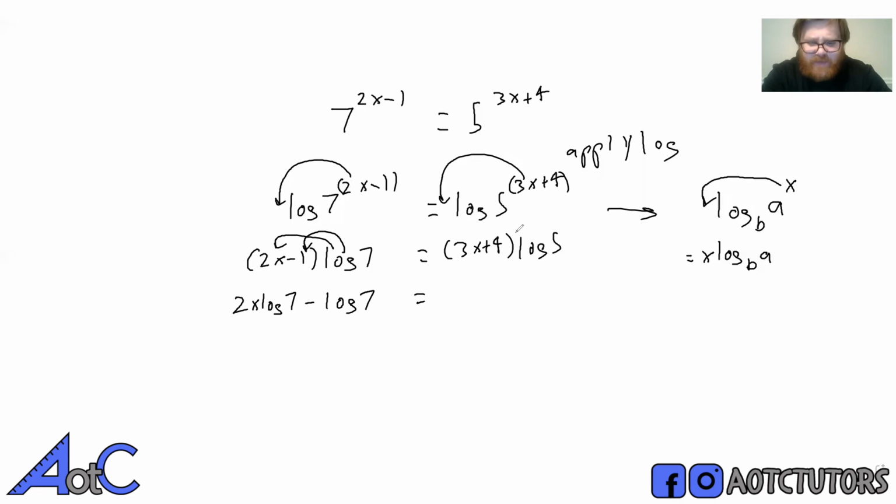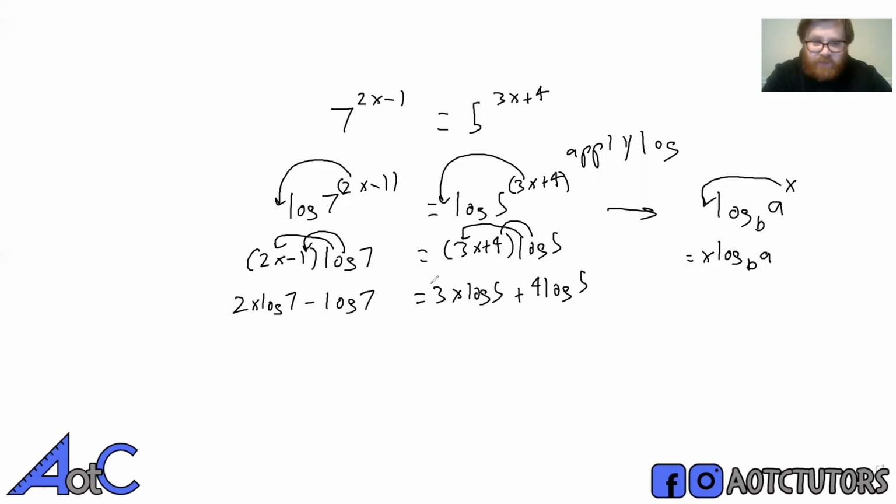I can do the exact same thing on the other side. That's going to get me 3x log 5 plus 4 log 5. Now, very similarly to how we usually solve linear equations, I want to get all my terms with the variable I'm solving for on one side, and all my constant terms onto the other side.